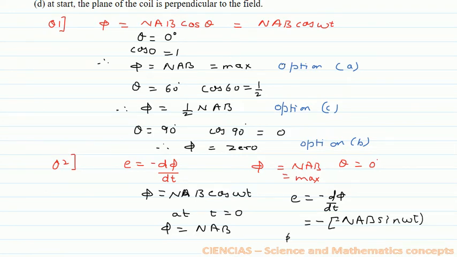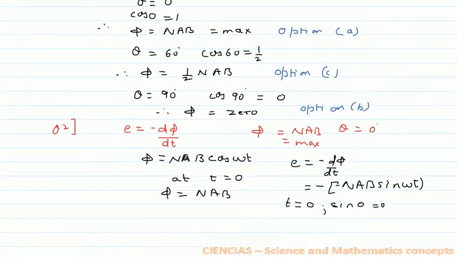So at t equals to 0, sin 0 is equal to 0. Therefore, EMF becomes 0 at t equals to 0. So now we see that option C is the correct graph.